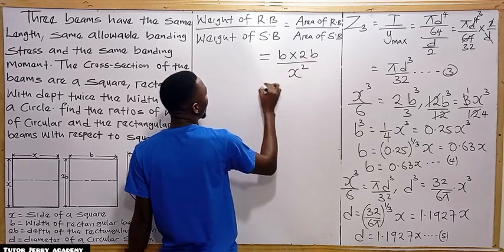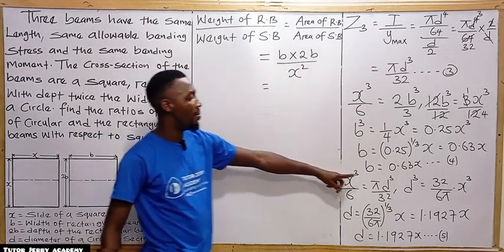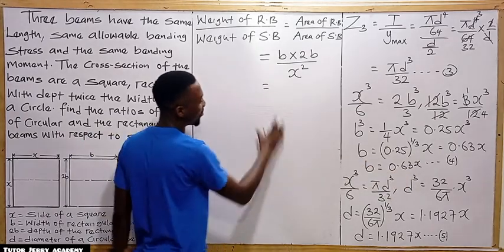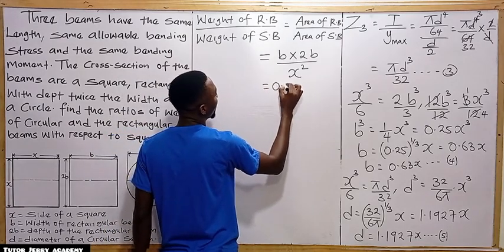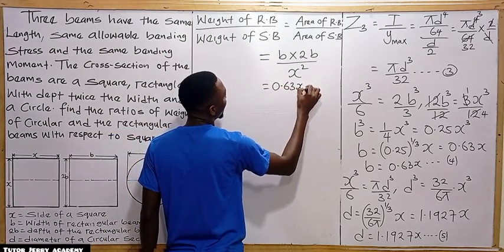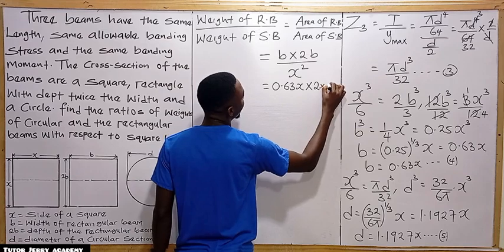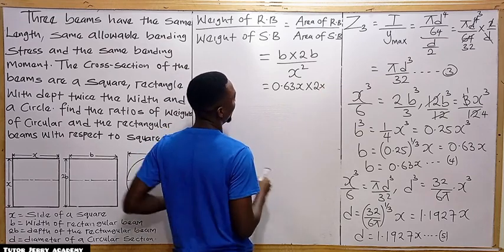Now we already know the value of our b to be 0.63s. So we can substitute that here. So if we do that, we are going to have 0.63s multiplied by 2 multiplied by 0.63s. Sorry, please, let me just clean and rewrite.